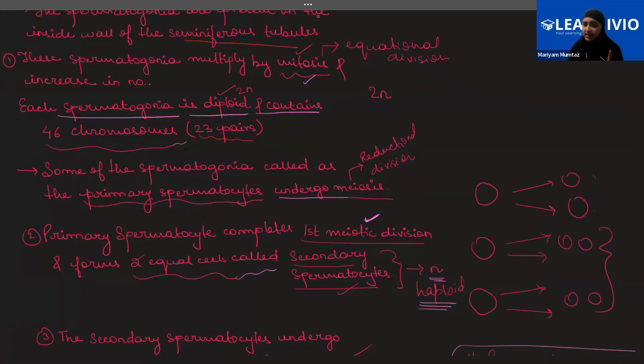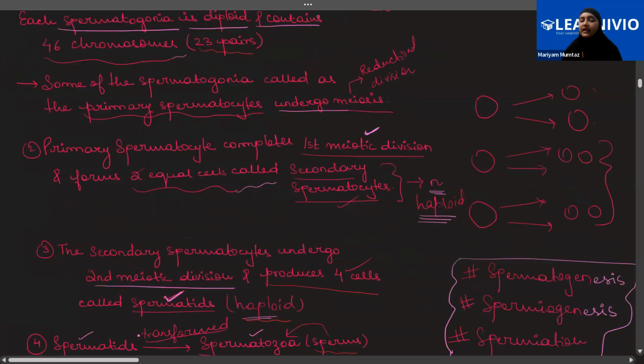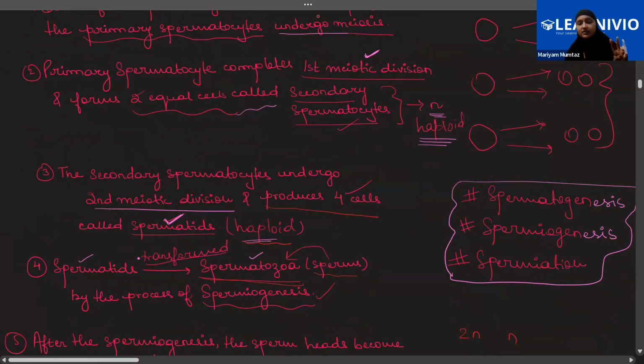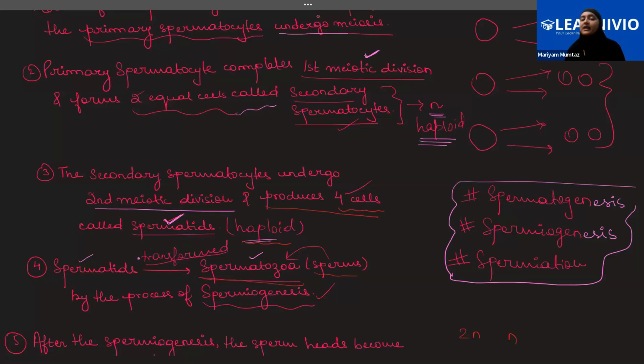Primary spermatocyte, after first meiosis, forms secondary spermatocyte. Now the secondary spermatocyte will undergo the second meiosis and ultimately form 4 cells, known as spermatids. Is it clear up till now? So first mitosis happens, and then meiosis 1, and then meiosis 2. Correct.